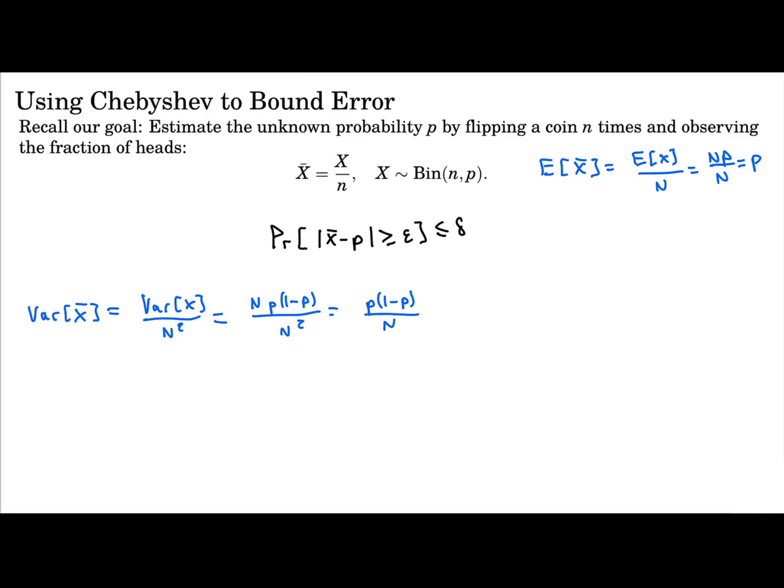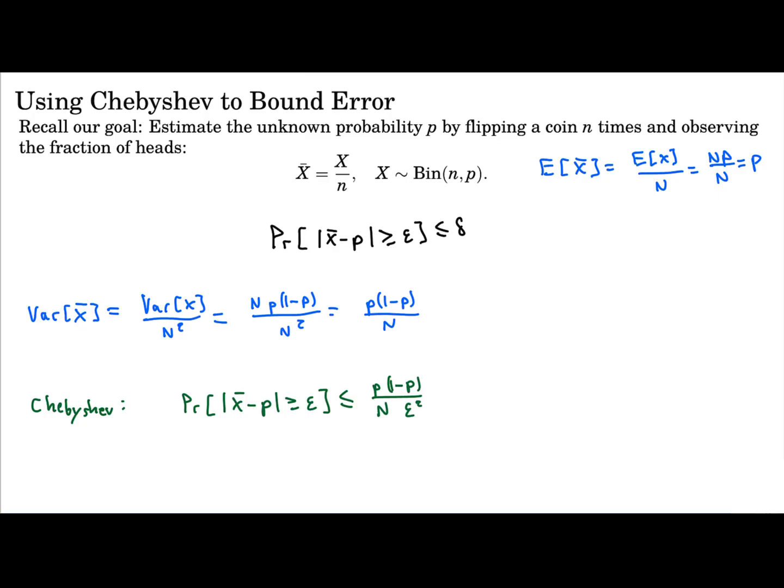Then by Chebyshev's inequality, we will get that the probability that this is further from its mean than a certain epsilon will be less than or equal to the variance, p(1 minus p) over n, divided by epsilon squared.